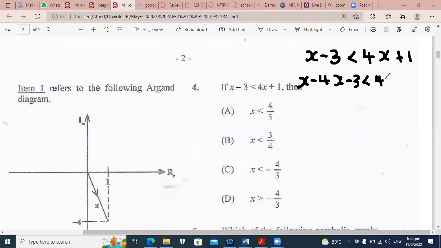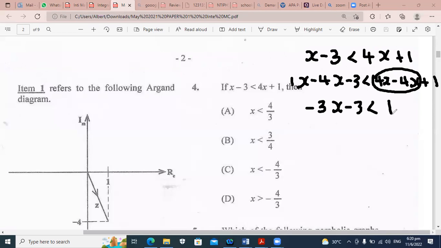So this is 4x minus 4x plus 1, and you know this will go away. 4x from 1x is negative 3x. Subtract 3 less than 1. So I need this negative 3 term here on the right hand side. What am I going to do to get rid of the negative 3 on the left?